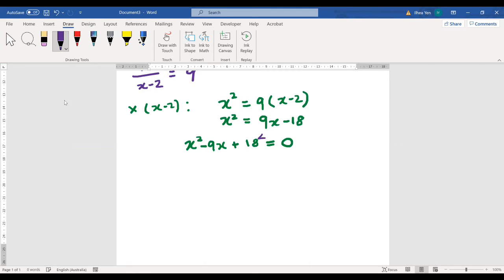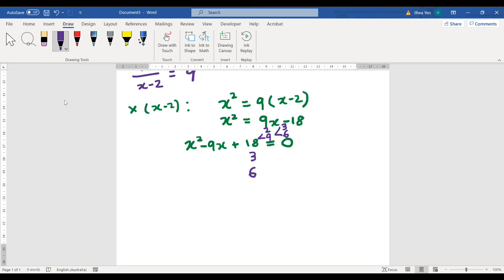Let's have a look. What are the factors of 18? Let's start with 2 and 9. Now, can I make 9 somehow from 2 and 9? No, I don't think so. Let's have a look at 3 and 6. That looks more promising. 3 and 6 suddenly can form 9. So I'm going to put 3 and 6 here.